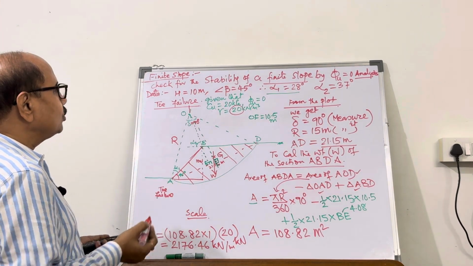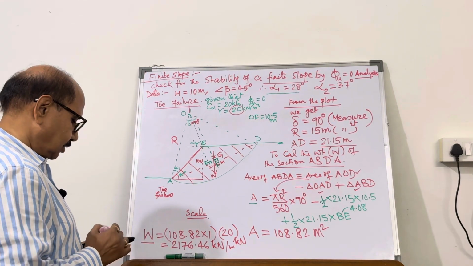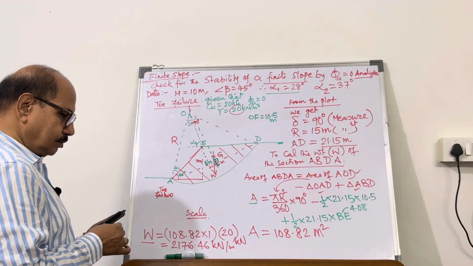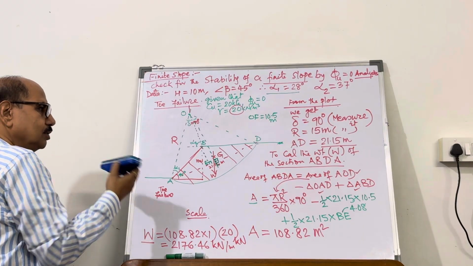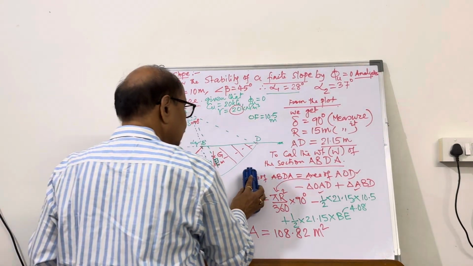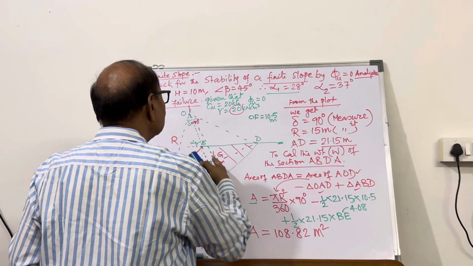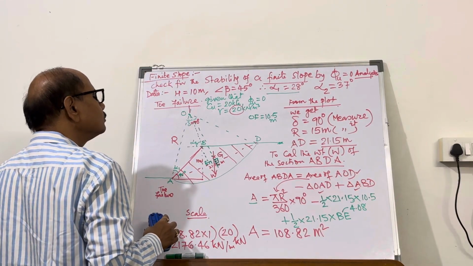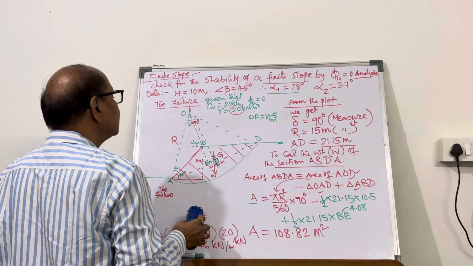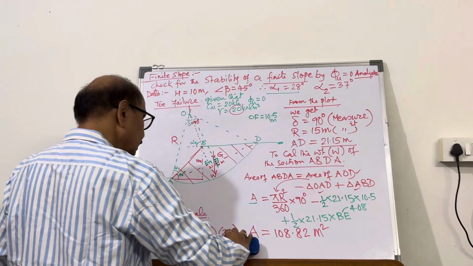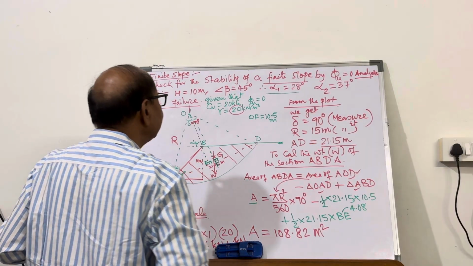So in phi u equal to 0 analysis, how to check the factor of safety? Now the things become quite simple. We know how to find out the factor of safety. Now once you know the line of action of the CG of this area, you can find out the value of x bar. So let's say the x bar is known. The line of action, you can extend it in the backward direction.